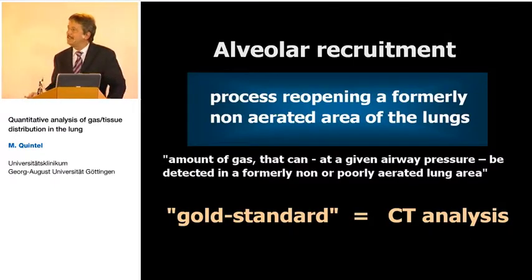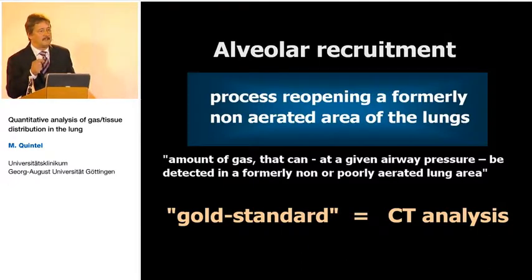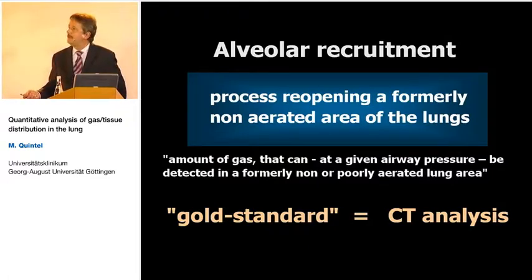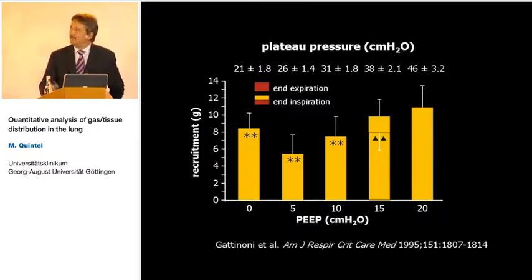Probably it's better to say the amount of gas that can, at a given airway pressure, be detected in a formerly non- or poorly aerated lung area. And as we have learned, probably we can just drop the non-aerated area, because we learned it's not openable.